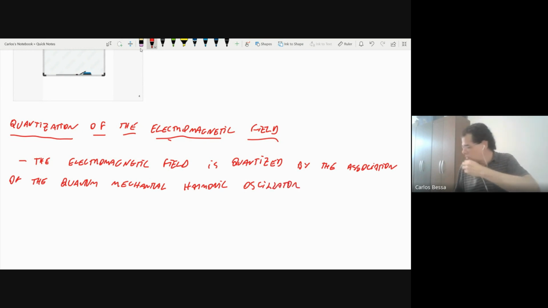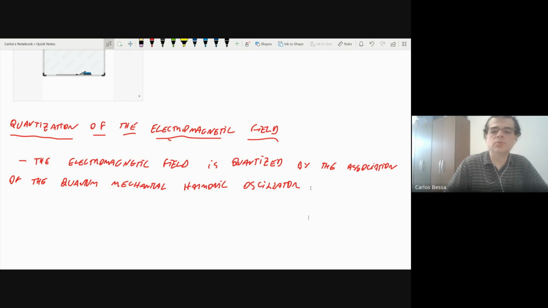Just to give the reference, I'm considering this book here, The Quantum Theory of Light by Loudon. It's part of chapter 4, I think. He does this, but you can find how to do this in other books. It also has a good description of the Fabry-Pérot cavity, which we will use in the next lecture.